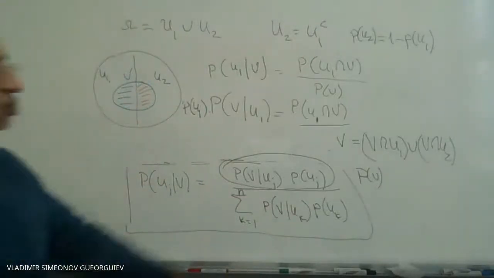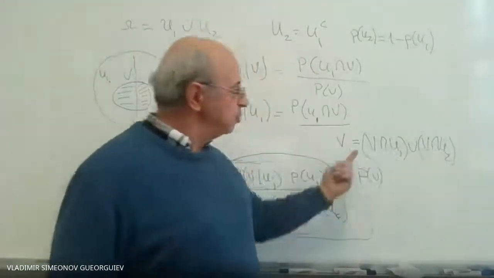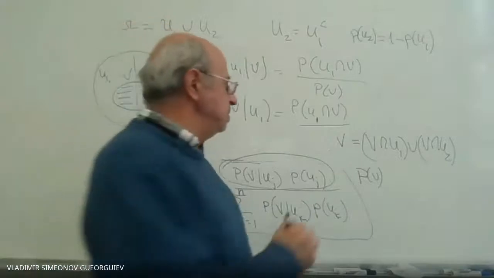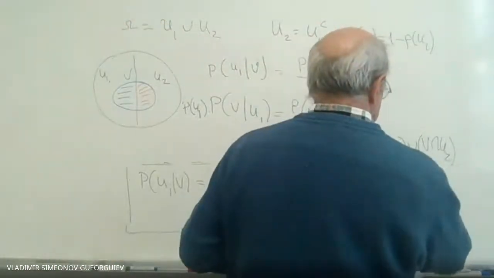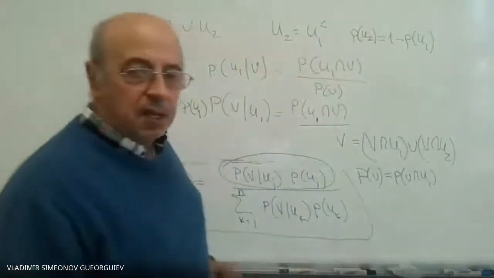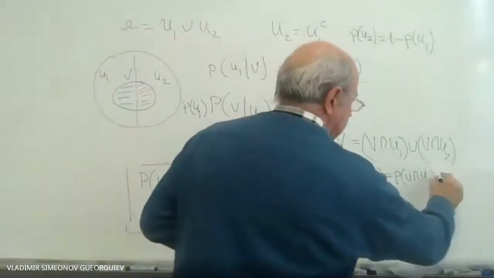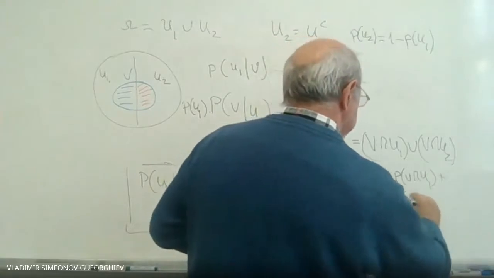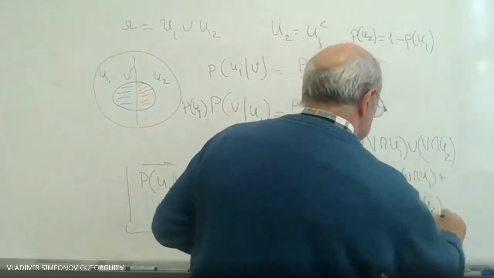When you have disjoint sets, the probability of the union is simply the sum of the two probabilities. So we have P of V intersected with U1 plus, I shall add here, P of V intersected with U2.